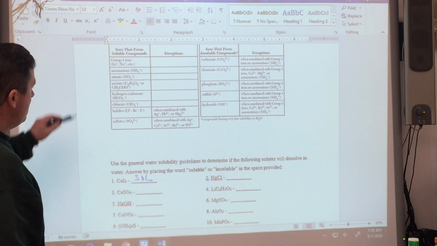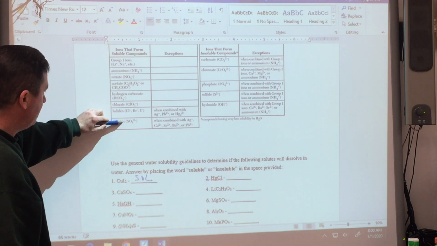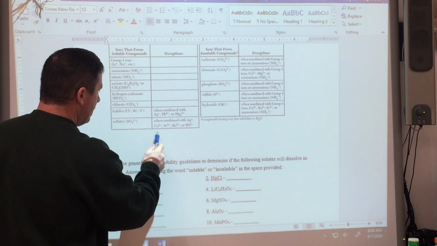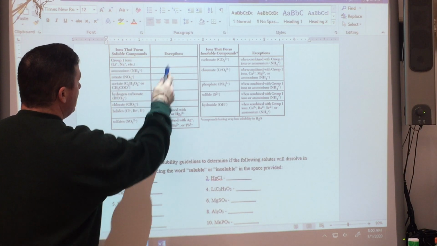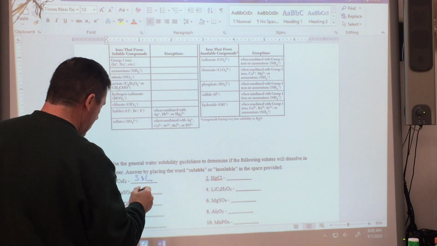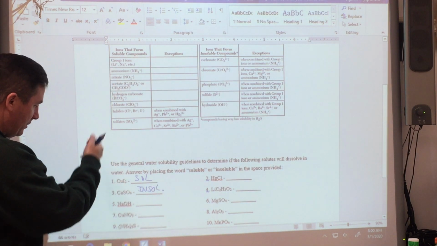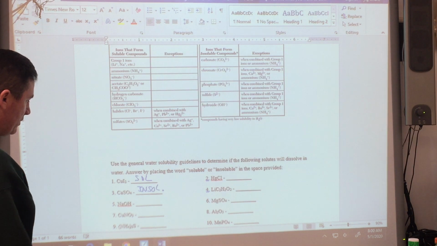Okay, sulfate, right under the halides. They are soluble. Is calcium an exception? Yes, it is. So if it's here, it's soluble. If it's an exception, it's insoluble. I just realized I'm going down instead of across, but that's okay. You have to do them always.